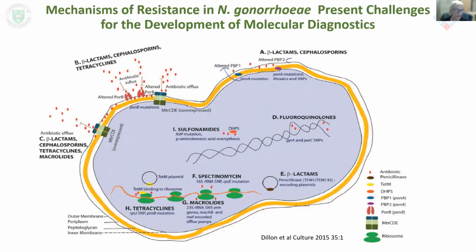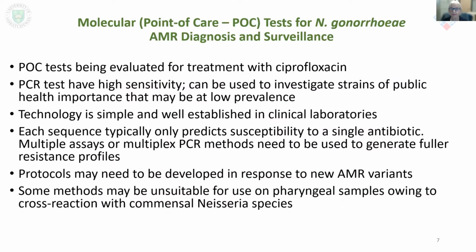There are only two plasmid-mediated mechanisms of resistance, to penicillin and to tetracycline. In addition, the mechanism of resistance is also multiple. So it's a very complex problem if one wants to develop molecular diagnostics, especially rapid diagnostics.